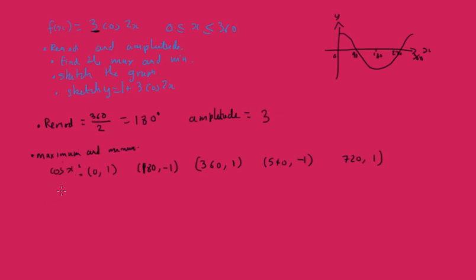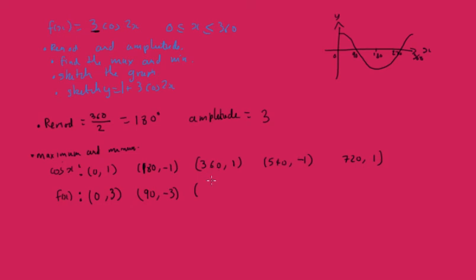But for our function f of x, the period is halved. So we'll still have one at 0, and the amplitude is now 3. So the maximum will be at 3. The next one, half of that is going to be 90, and the amplitude is minus 3.